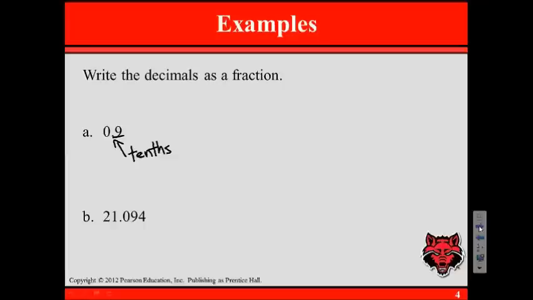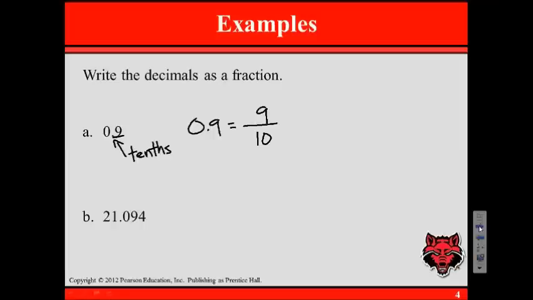Whatever place we end the decimal in, that will be the number that goes in the denominator. So for example, 0.9 equals, because the 9 is in the tenths place, we rewrite this fraction as a number over 10. And then the number that goes on top is the number that's represented in the decimal. So we have 9 over 10, or 9/10.